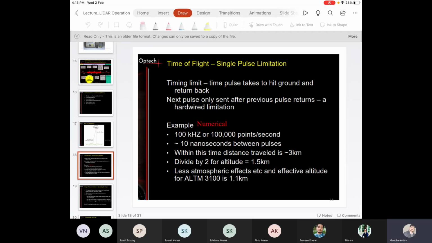Now here it is summarized, the single pulse limitation that we have already discussed. So it's a timing limit. The time a pulse takes to hit the ground and return back. So the next pulse is only sent after the previous pulse returns, a hardwired limitation. Because for those models, there was not an internal mechanism to identify, let's say this is the return, then which pulse it belongs to.